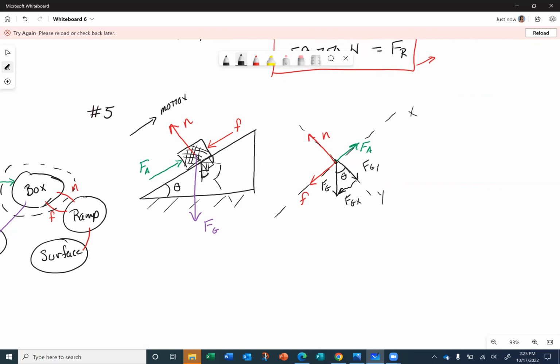So breaking it up into components, again, sine theta is equal to opposite FGX over your hypotenuse FG. So FG sine theta is equal to FGX, and cosine theta is equal to the adjacent side, FGY, all over FG. So FG cosine theta is equal to FGY.